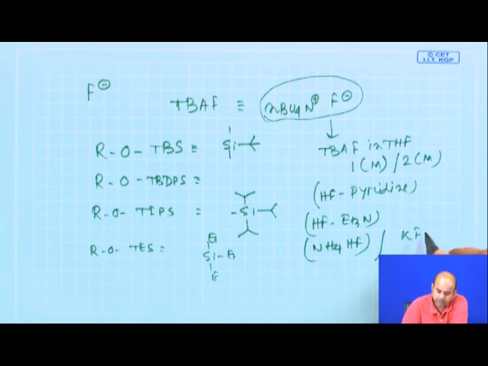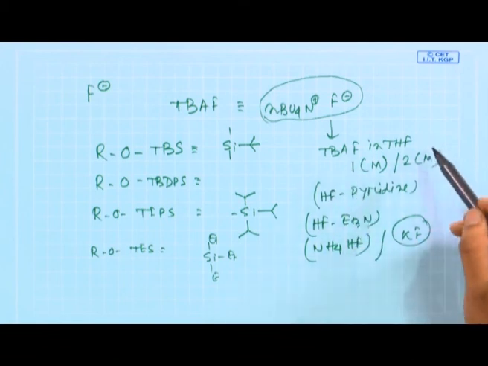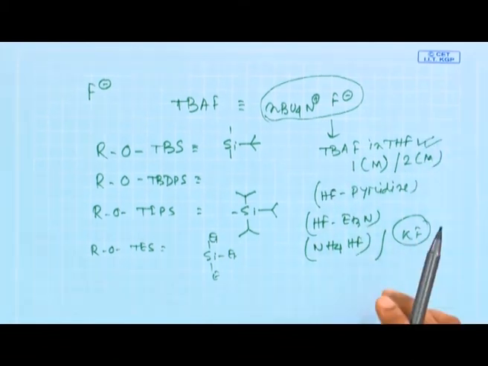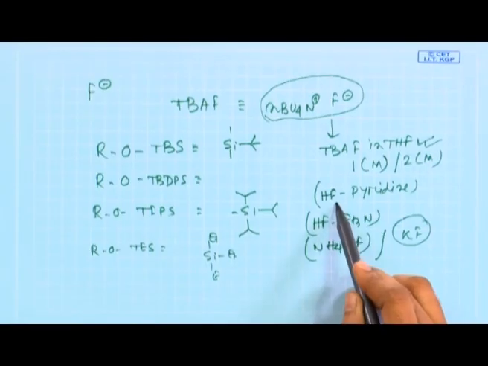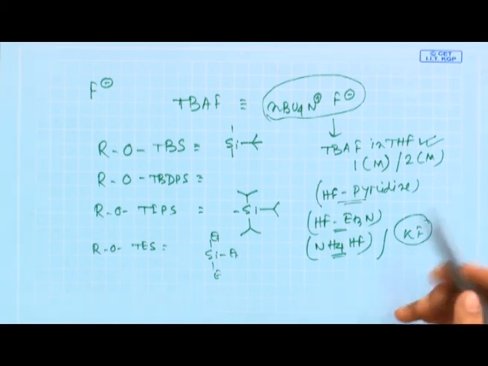Potassium fluoride is sometimes used, but potassium fluoride is very hygroscopic and difficult to handle, so normally it is not used. TBAF is the most widely used compound to cleave any oxygen-silicon or carbon-silicon bonds. HF-pyridine, HF-triethylamine, ammonium fluoride, ammonium hydrogen fluoride, all are used.